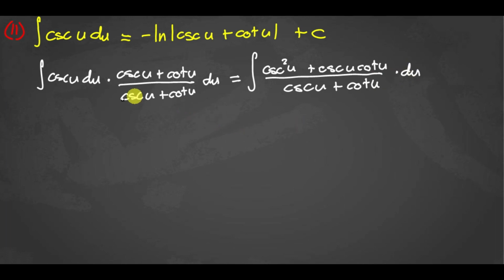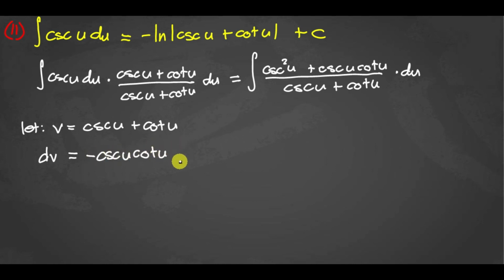du. Now if we let v be equivalent to cosecant u plus cotangent u, the derivative of our variable v, that is dv, is equivalent to the derivative of cosecant u, which is negative cosecant u cotangent u, and the derivative of cotangent u, which is negative cosecant squared u, du.